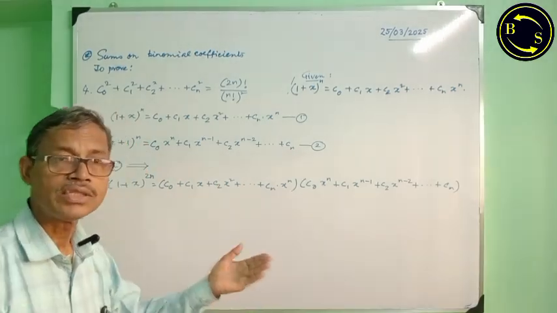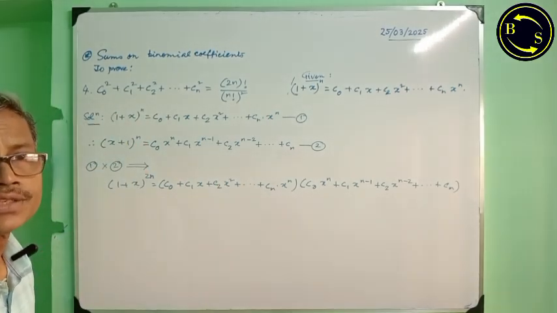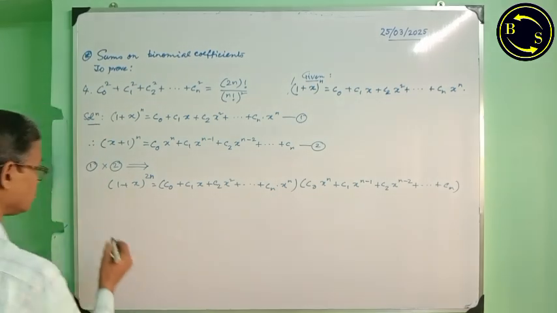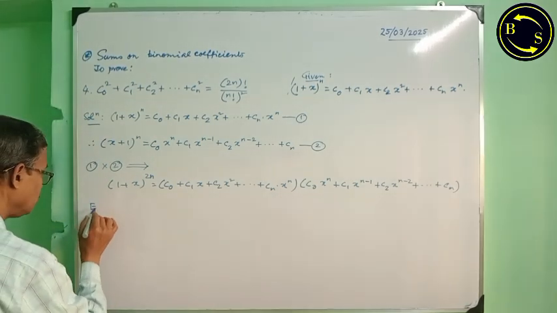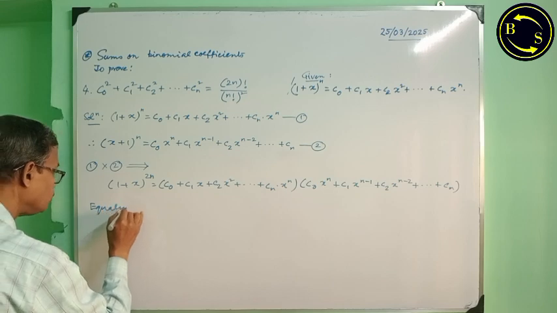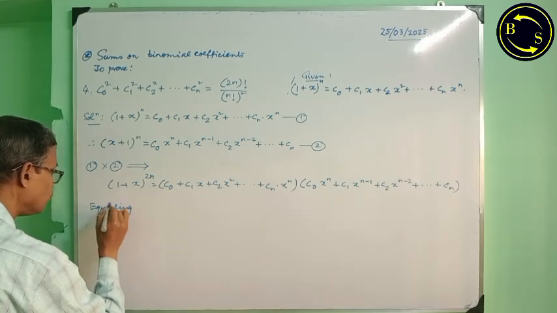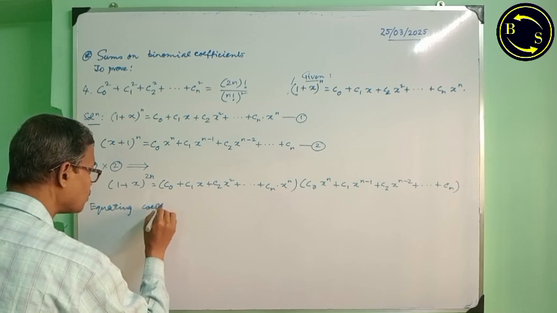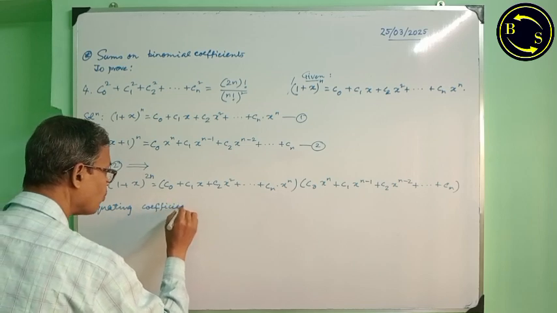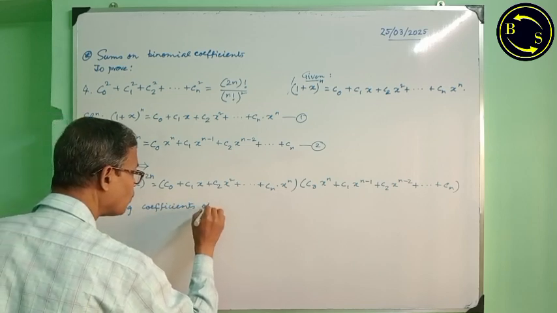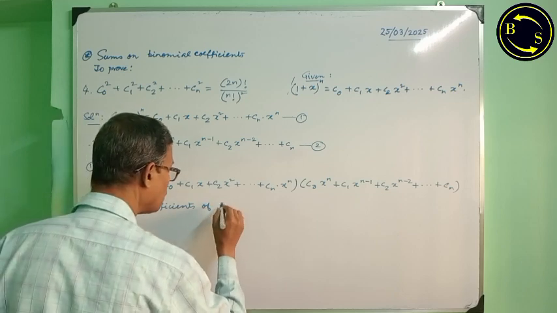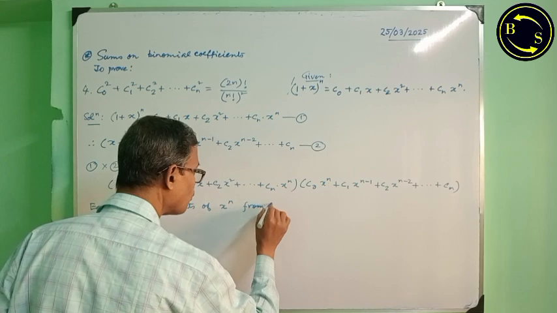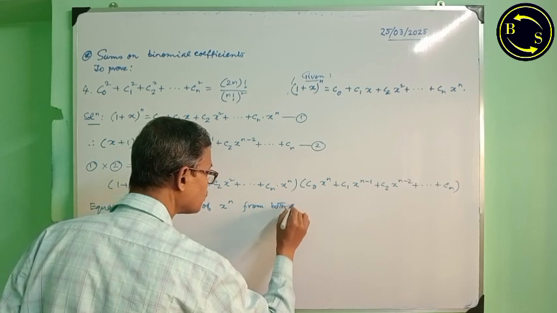That means we are considering coefficients of x to the power n, equating coefficients of x to the power n from both sides.